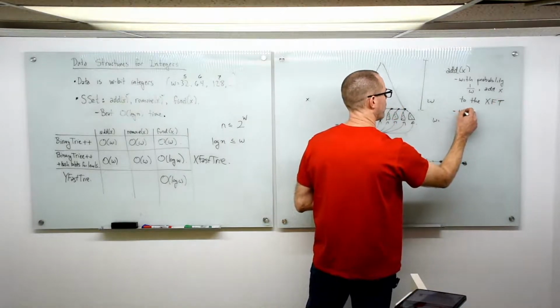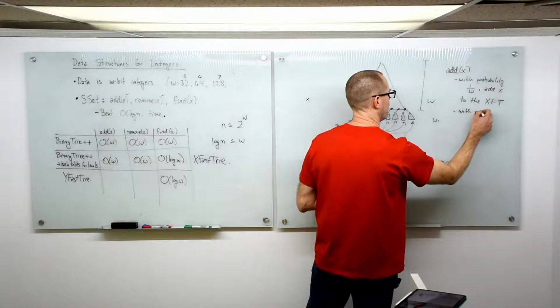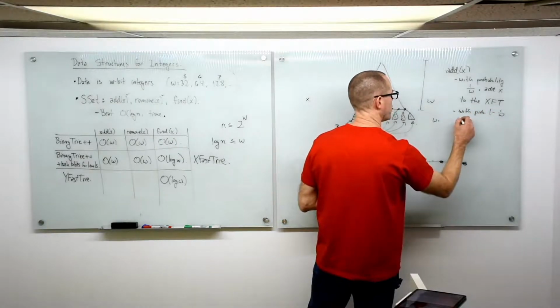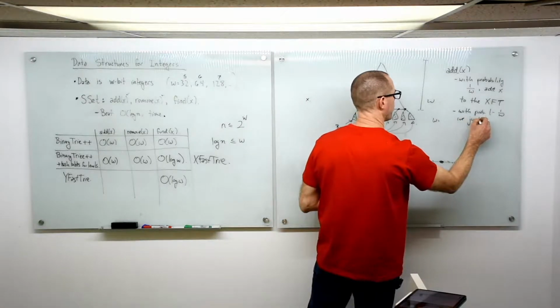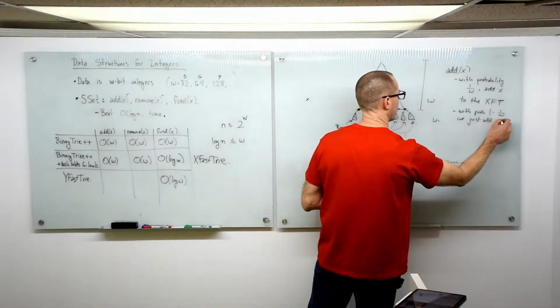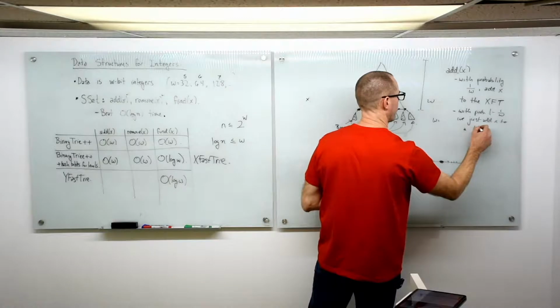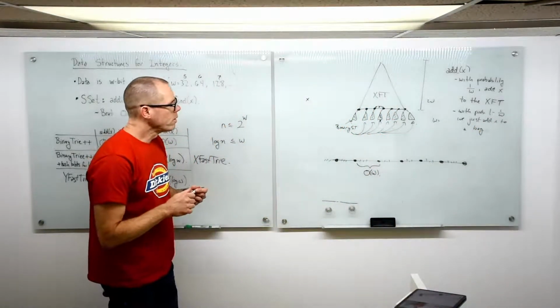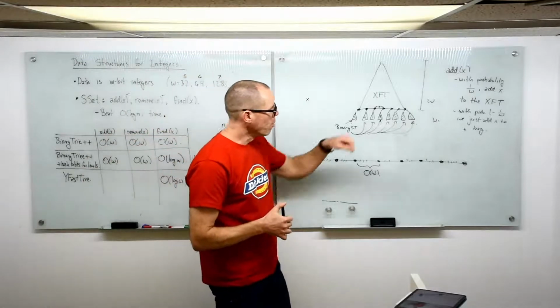And with probability 1 minus 1 over W, we just add x to a bag. So most of the time, we just add.